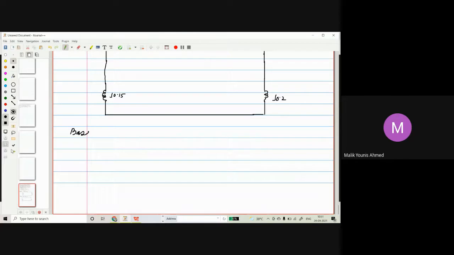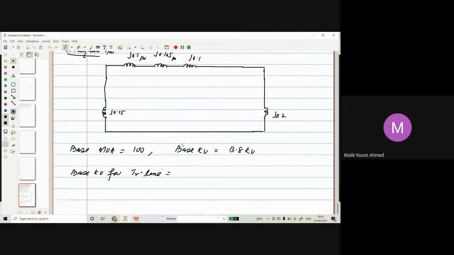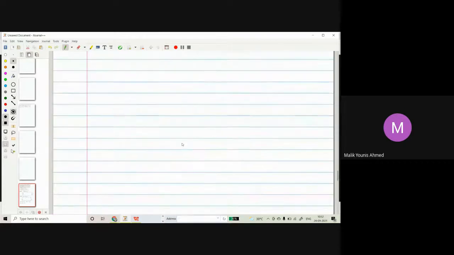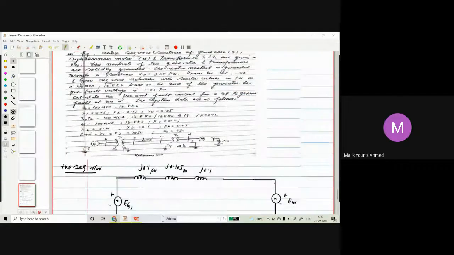Base MVA is 100 and base kV is 13.8, in the zone of the generator. So what is the base kV for the transmission line? We can calculate it.